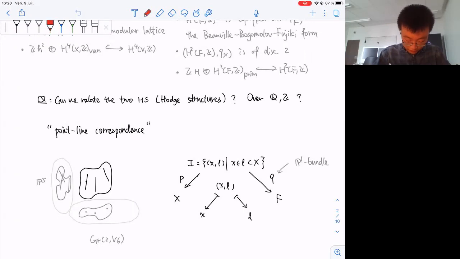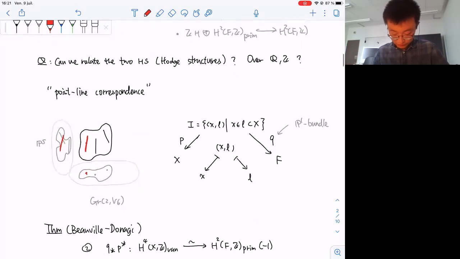So for example, here you have to imagine that this is a product of the cubic and its Fano variety. And if I take a line here, this is projected onto a point inside the Fano variety of lines. And in the other way, it's projected onto a line in the cubic.